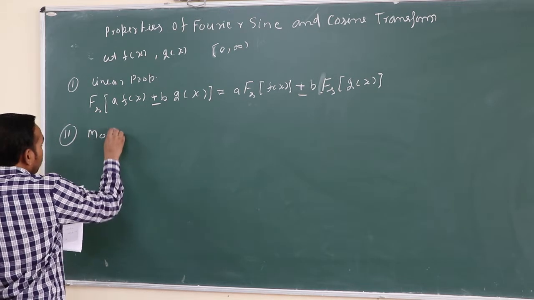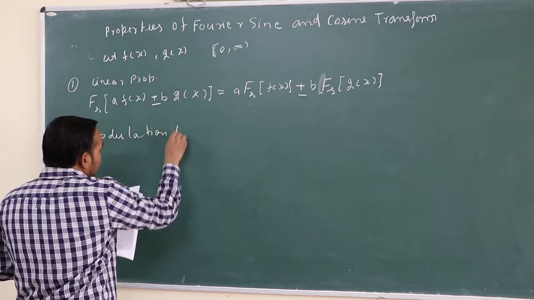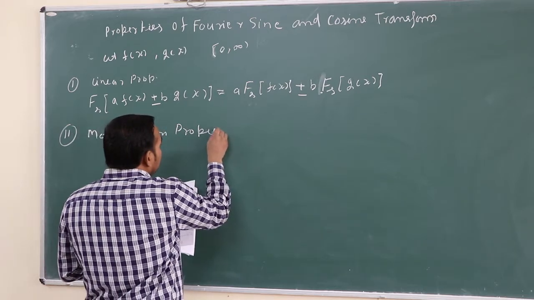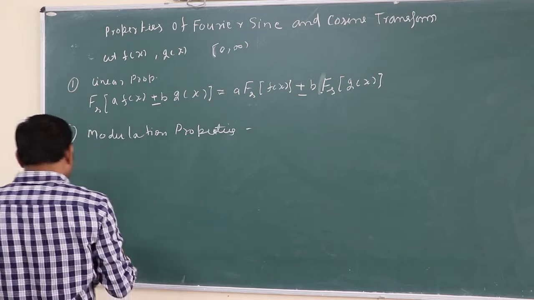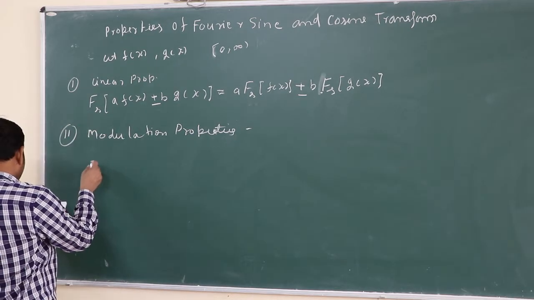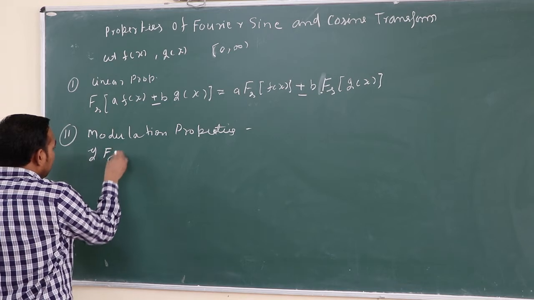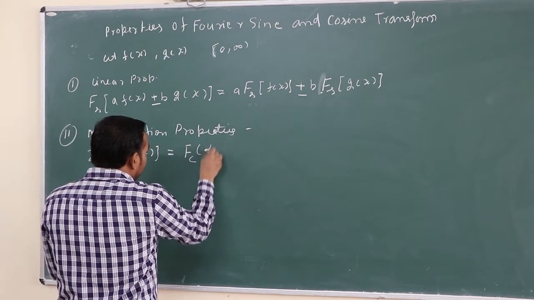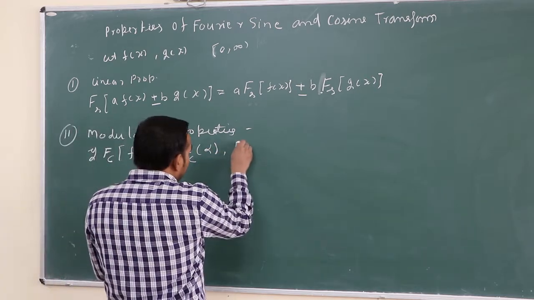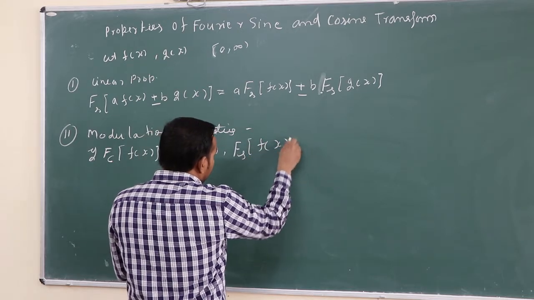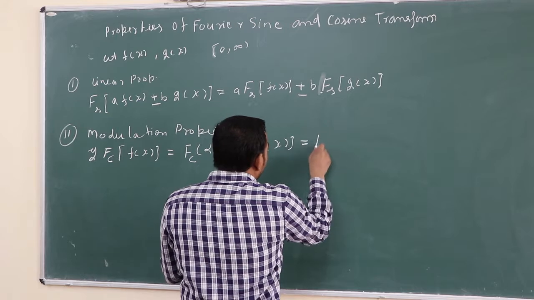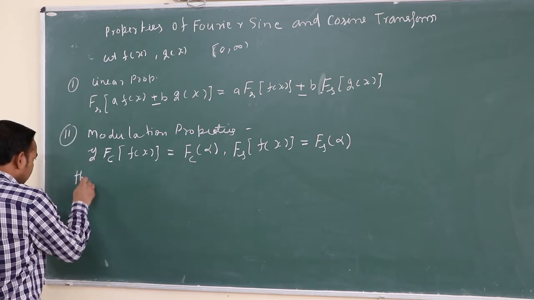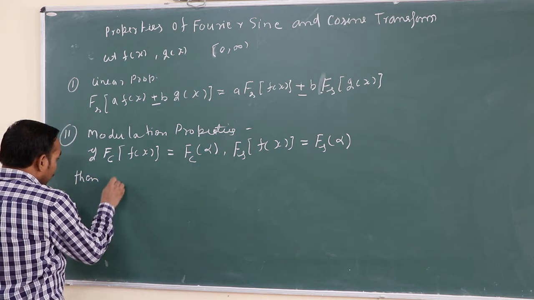If the Fourier cosine transform of f of x is Fc alpha, and the Fourier sine transform of f of x is Fs alpha, then we can state the following properties.